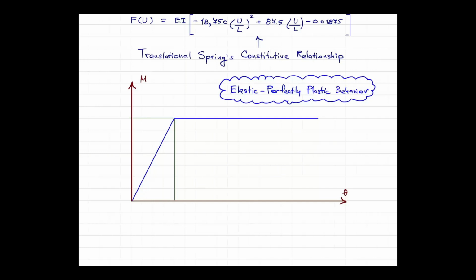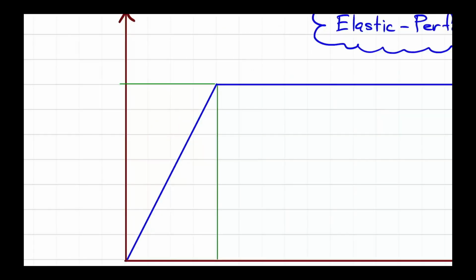So the slope is 40 EI over L, that's stiffness. Make it almost like the fixed end, make it 100 EI over L for the slope.